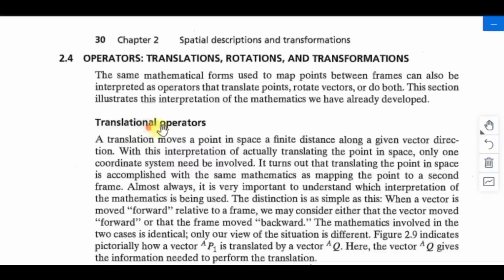So the translation operator, as is known to you, moves the frame forward or backward. When a frame is moved forward, with respect to another it may go backward also.